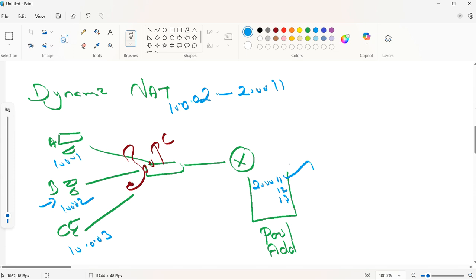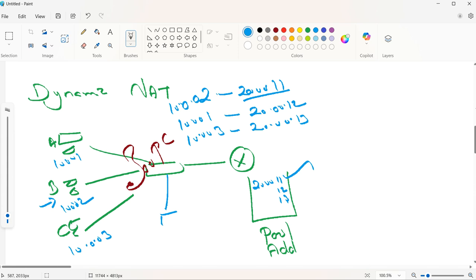Now the other two are still available for someone else to use, but 20.0.0.11 cannot be used by others because B is currently using it. Let's say A now comes, 10.0.0.1. So the second address will be given from the pool. Now C is also trying in parallel, 10.0.0.3. The available address is 20.0.0.13.